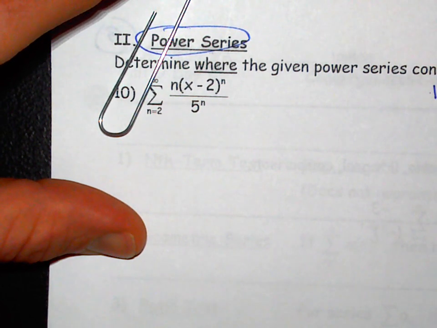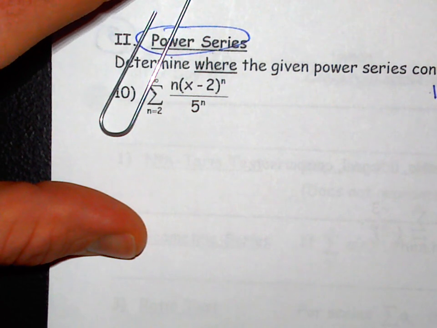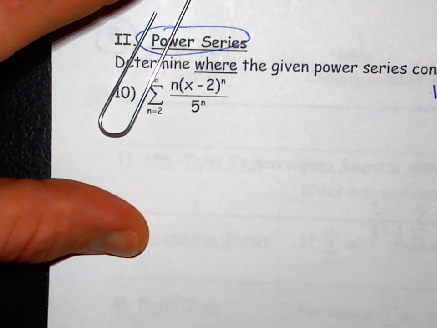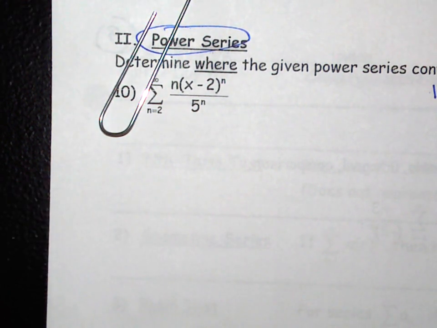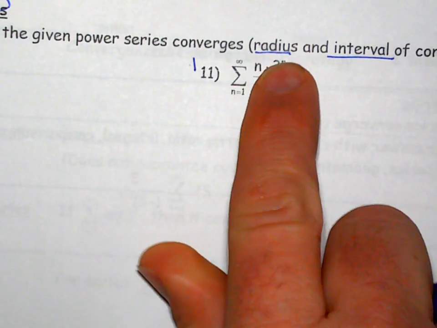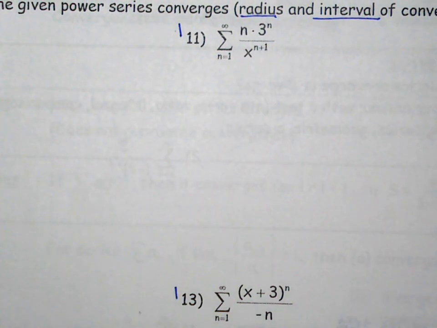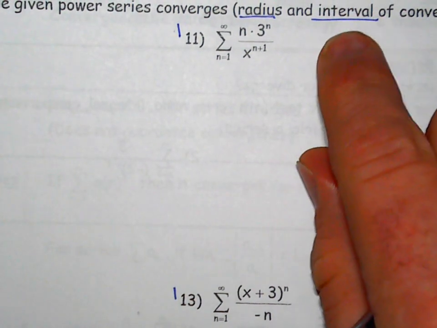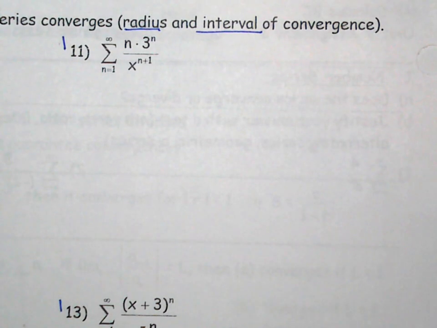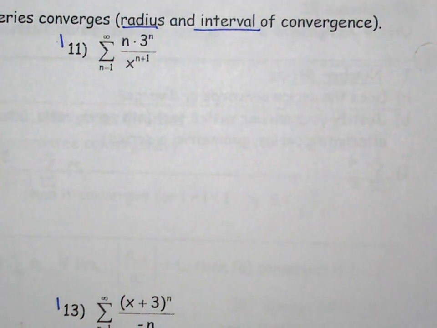In the rare case, some of them will converge everywhere. In another rare case, some of them will diverge everywhere, but that's going to be rare. Usually we're getting an interval of convergence, which we could also identify a radius for, which is just half the distance between the endpoints. But on the interval of convergence, we also have to test the endpoints as their own individual number series.